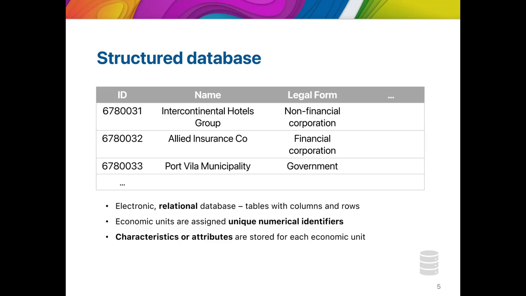This can include business name, location, contact information, or industry classifications. By organizing data into well-defined attributes and linking them through unique identifiers, SBRs provide a comprehensive and flexible framework for economic statistics, policymaking, and business regulation.